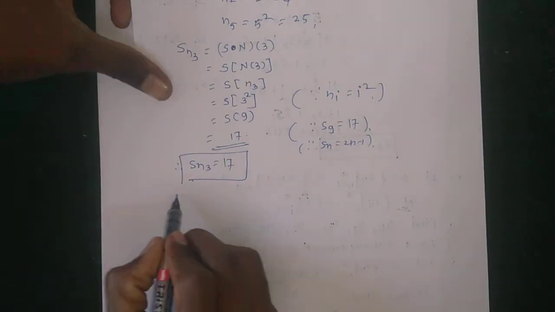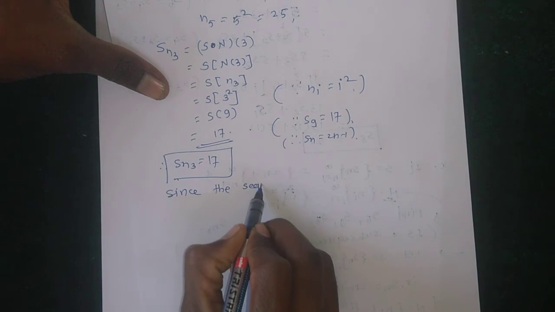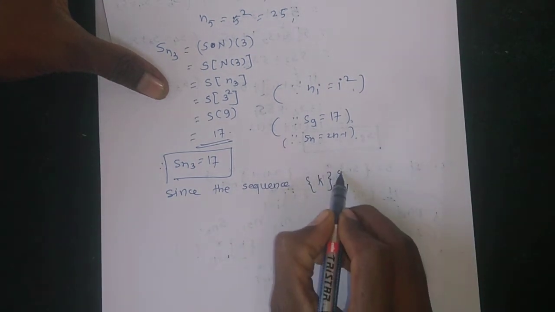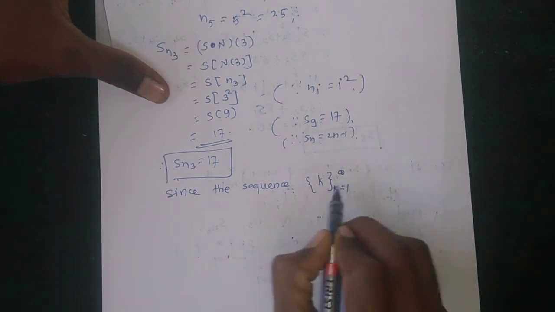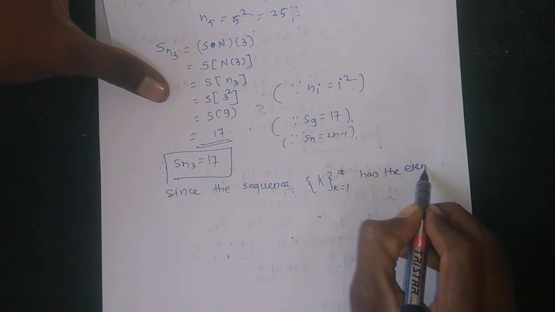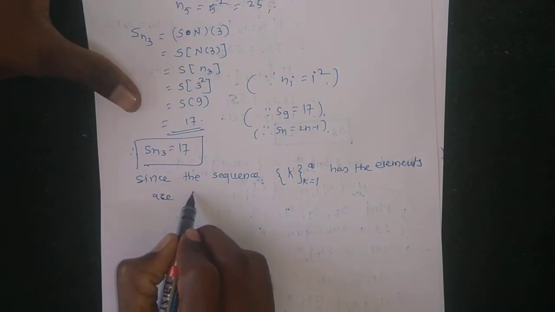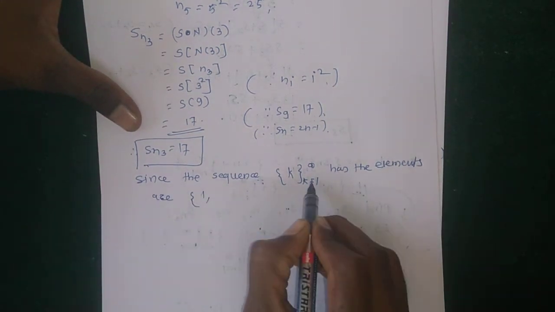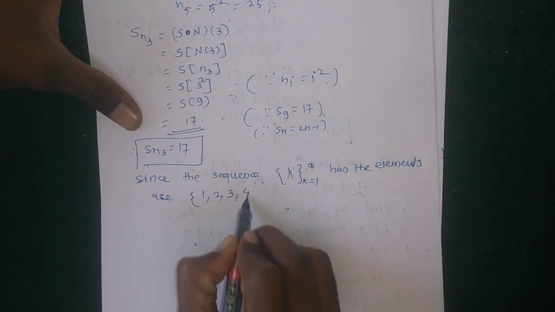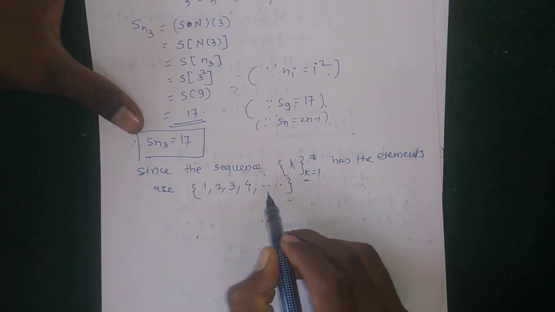The sequence k, where k runs from 1 to infinity, has the elements: if k is equal to 1 then 1, if k is equal to 2 then 2, if k is equal to 3 then 3, then 4, and so on up to infinity. Okay, the elements of this sequence are 1, 2, 3, 4.